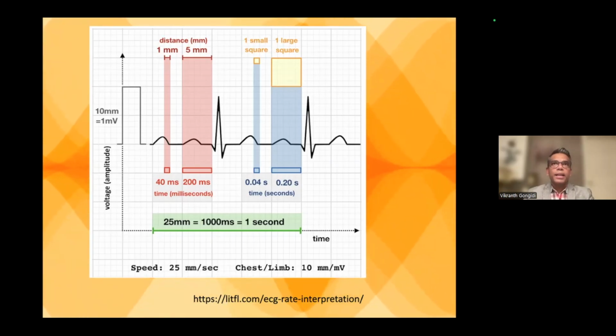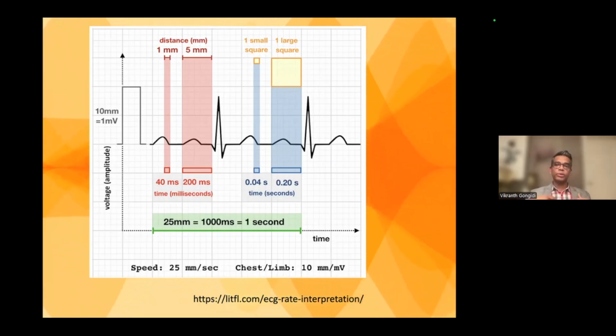So I look at all of them. The best lead for identifying the P wave is V1 or the inferior leads, like lead 2. Does that make sense? If you're trying to identify a P wave, V1 is the closest to it.